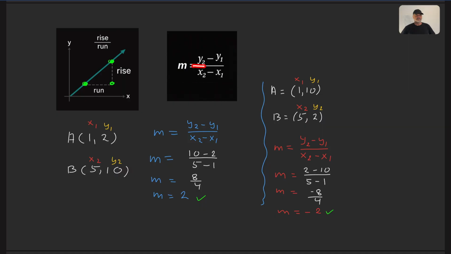So y2 minus y1. The mistake that students tend to make, they do this. They think that y1, and they put 1 as an exponent, and they put y2, and this is y squared. So this is something that you have to become aware of, that this is a big no, right?